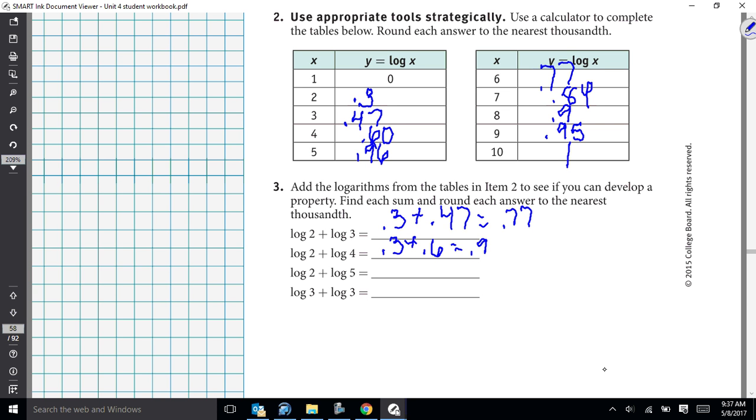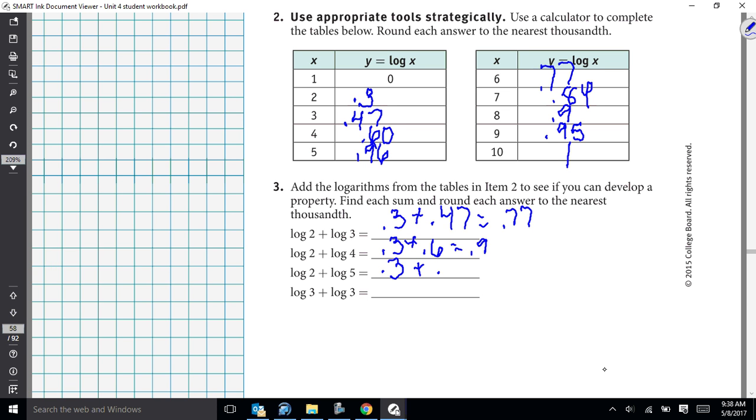Log 2 plus log 5, can you not do that on your calculator? Okay, well, there's a certain property, so let's just add them up, and then we'll look at it.